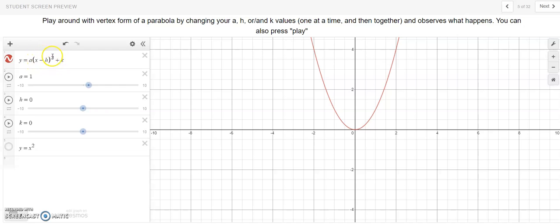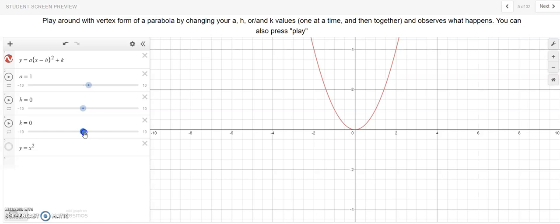All of this stuff here, x minus h squared, is kind of like the x, and the K is kind of like the old b, the y-intercept. And as I move the K, which was the y-intercept in slope-intercept form, you can see the correlation. All right, so K shifts vertically.